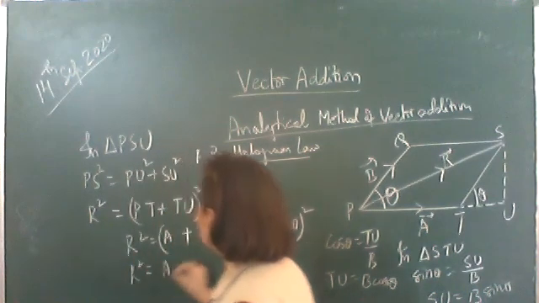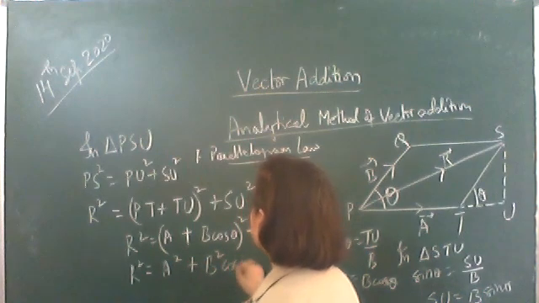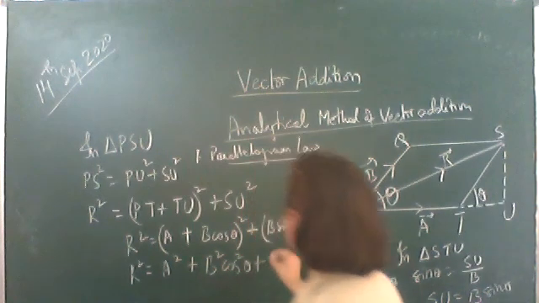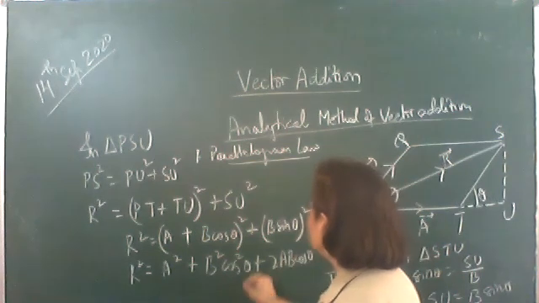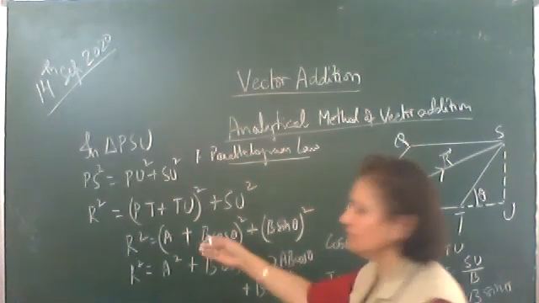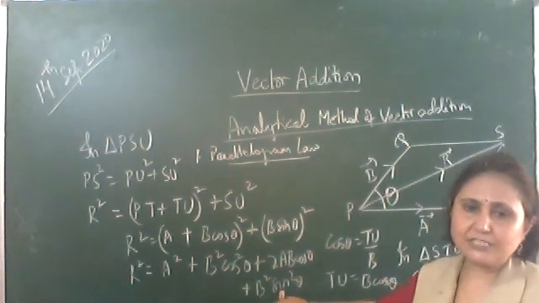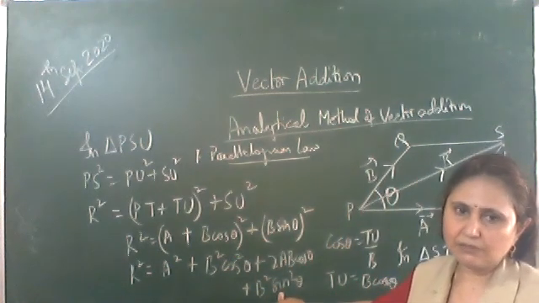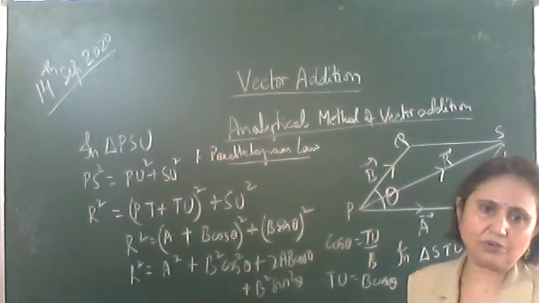R square is equal to A square plus B square cos square theta plus 2AB cos theta plus B square sine square theta. Is it so? Okay, B square cos square theta plus B square sine square theta is B square. So A square plus B square plus 2AB cos theta.